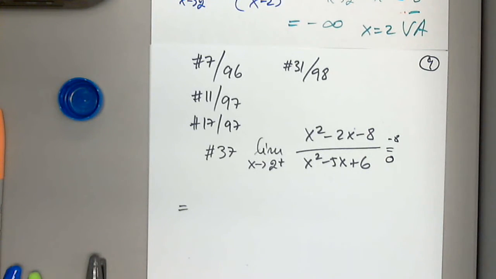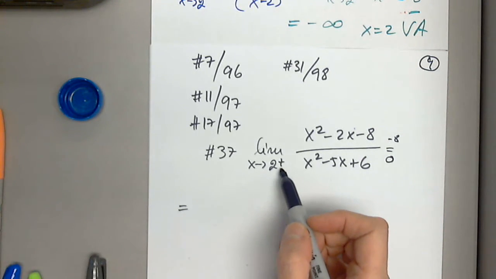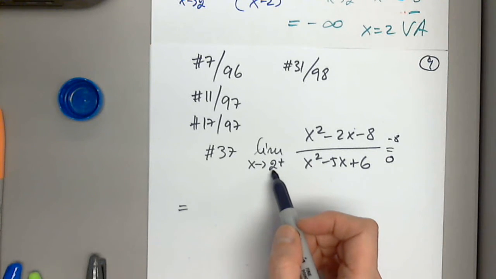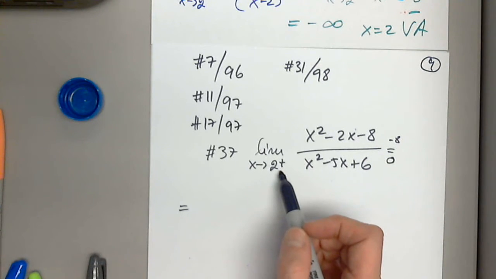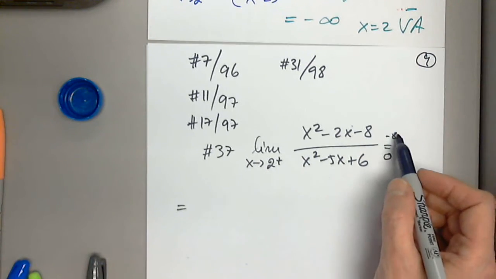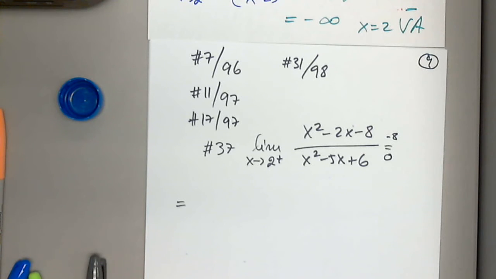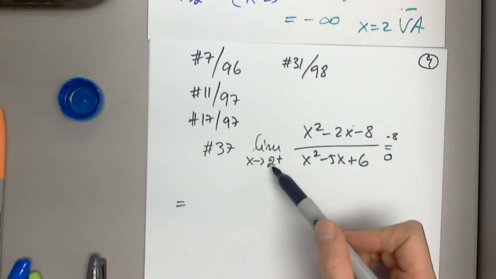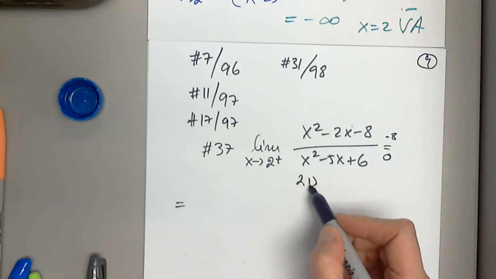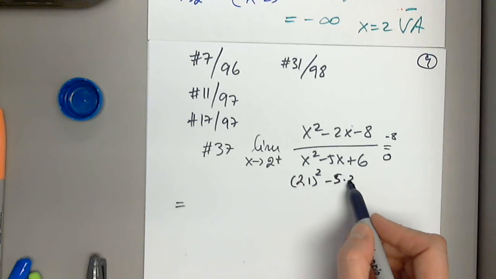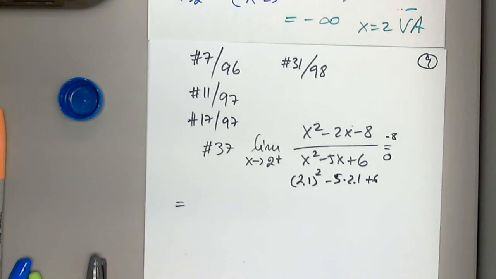So now, I will have to identify a number as close as possible to the right-hand side of 2, 2.1. The numerator will not change. That will still be negative 8. But with 2.1, we can plug it in and calculate: 2.1 squared minus 5 times 2.1 plus 6. All I care about is the sign of this expression. I don't need the exact number.